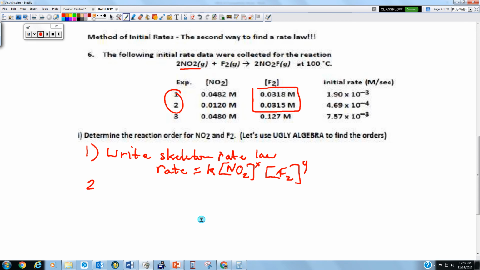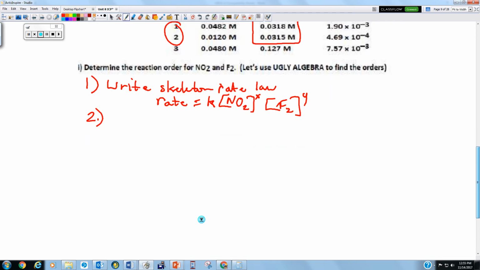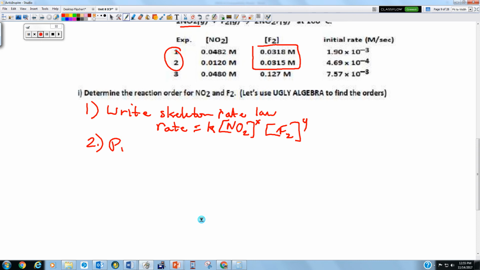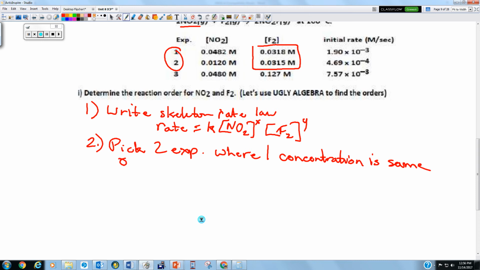All right, so my next step, I'm going to pick experiments where one concentration is the same and one is different.